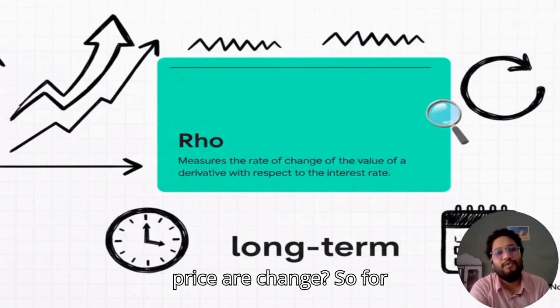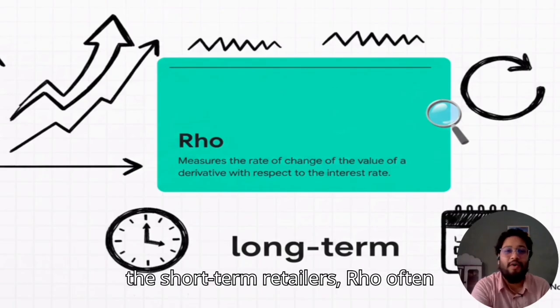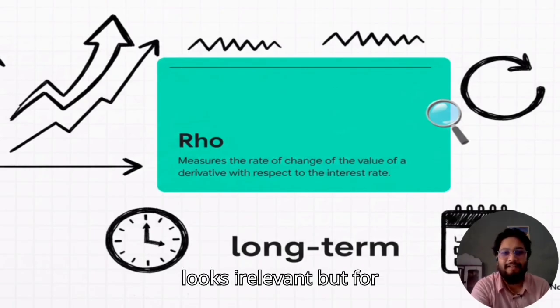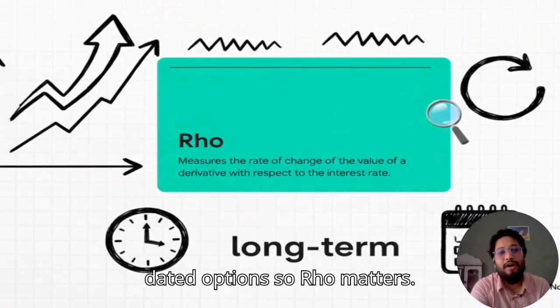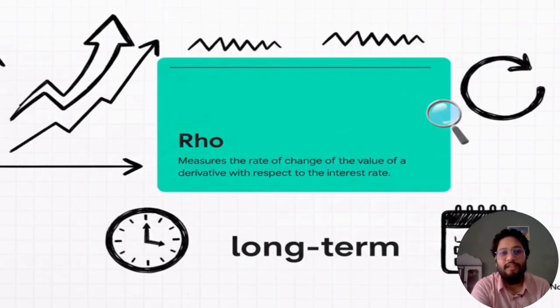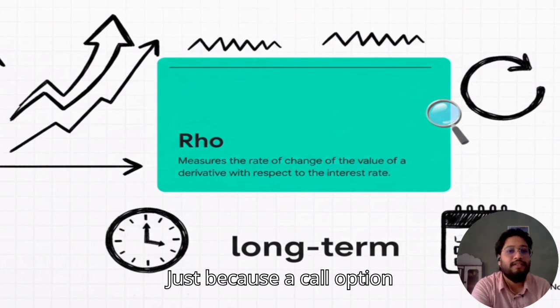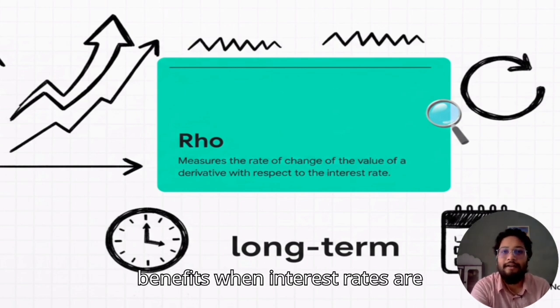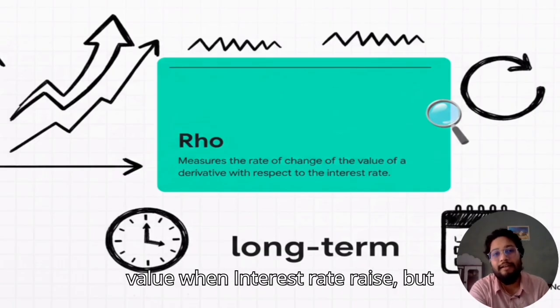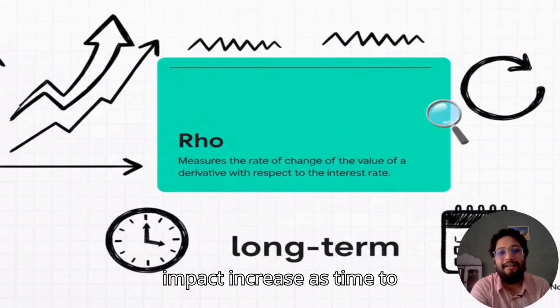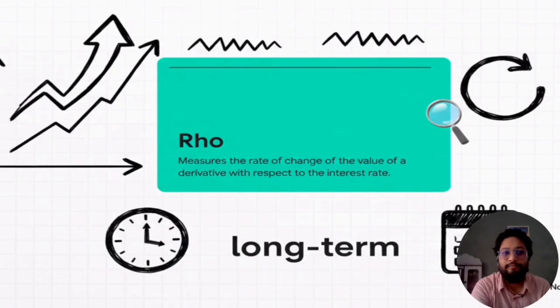For short-term retail traders, rho often looks irrelevant, but for banks, institutions, and long-dated options, rho matters. Call options benefit when interest rates rise, and put options lose value when interest rates rise, but the impact increases as time to expiry increases, right?